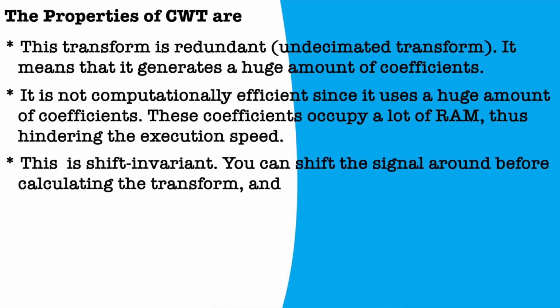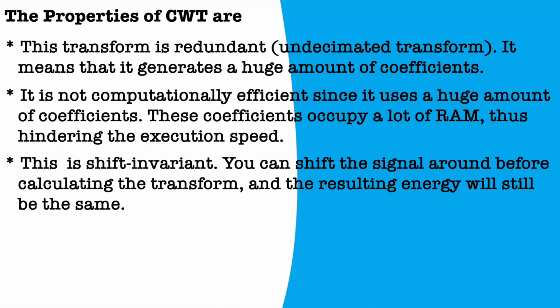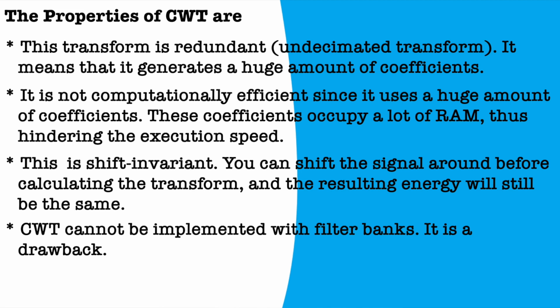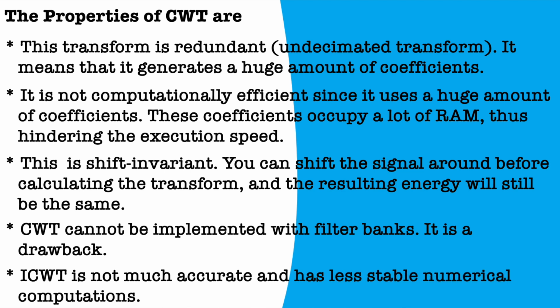This is shift invariant. You can shift the signal around before calculating the transform and the resulting energy will still be the same. The CWT cannot be implemented with a filter bank. It is a drawback. ICWT is not very accurate and has less stable numerical computation.